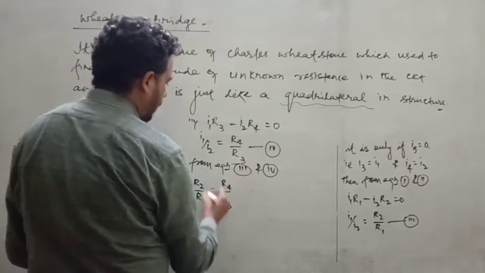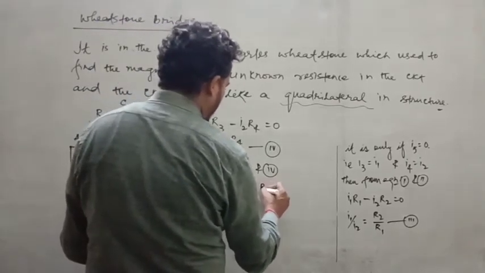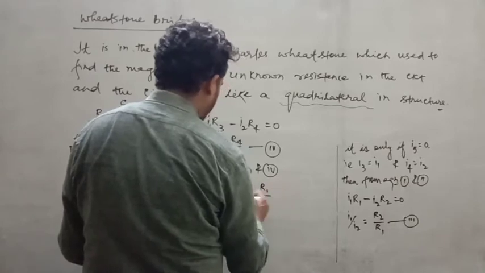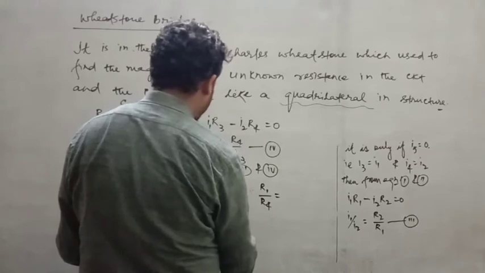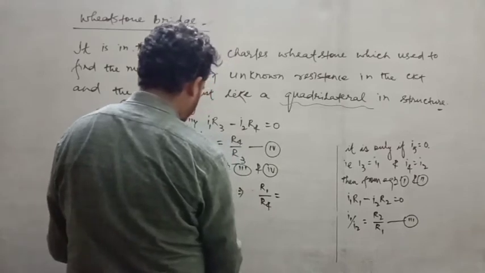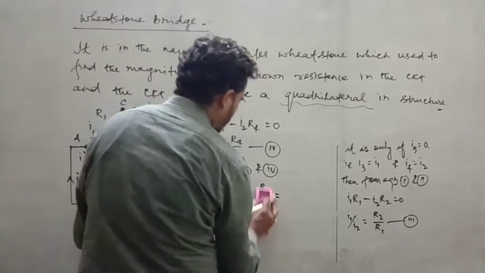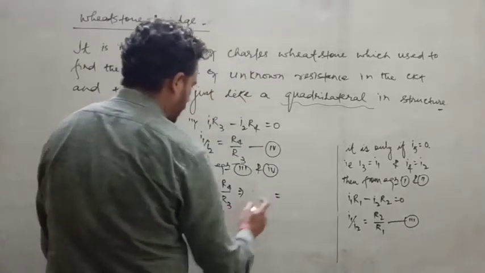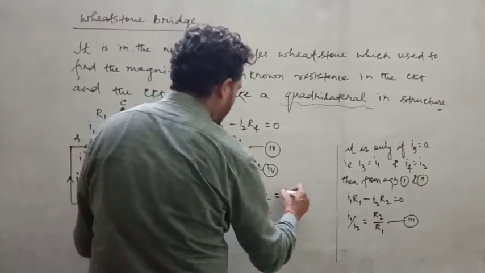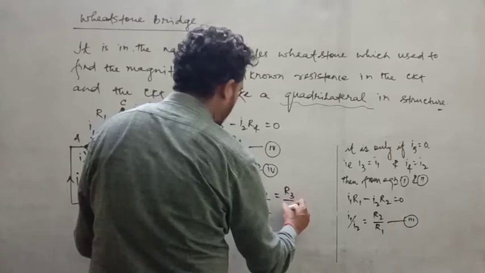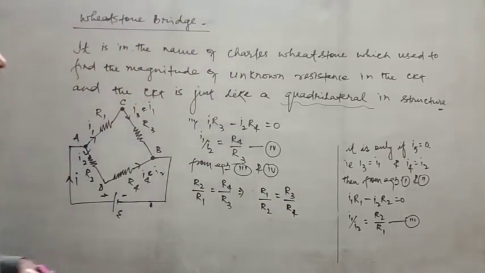You can also write this as R1 by R2 is equal to R3 by R4. By any means you can write this equation.